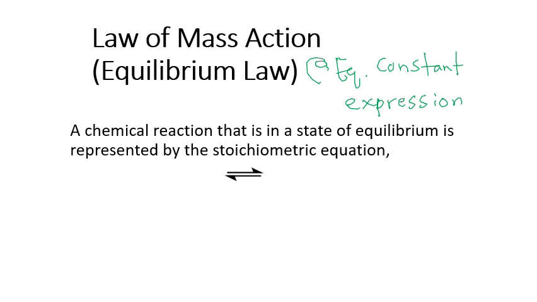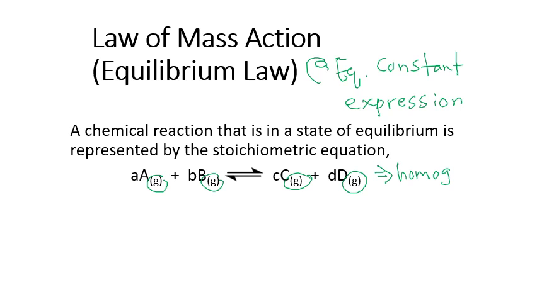A chemical reaction that is in a state of equilibrium is represented by a stoichiometric equation as follows: a moles of A react with b moles of B, produce c moles of C and d moles of D. If we look at this general equation, because all the phases for both reactant and product, A, B, C, D, are gas, we can say this one is homogeneous equilibrium.